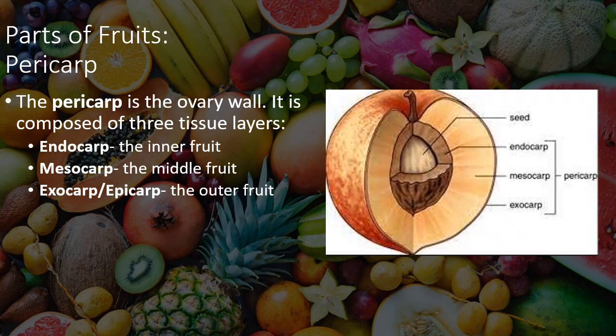Whenever we look at fruits, we can expect to see the same layers or the same components of a fruit in almost all fruits. We call these three layers altogether the pericarp. So the pericarp is just the ovary wall, and it's composed of three predictable tissue layers: endocarp, which is the inner fruit; mesocarp, which is the middle fruit; and the exocarp, which is the outer fruit.